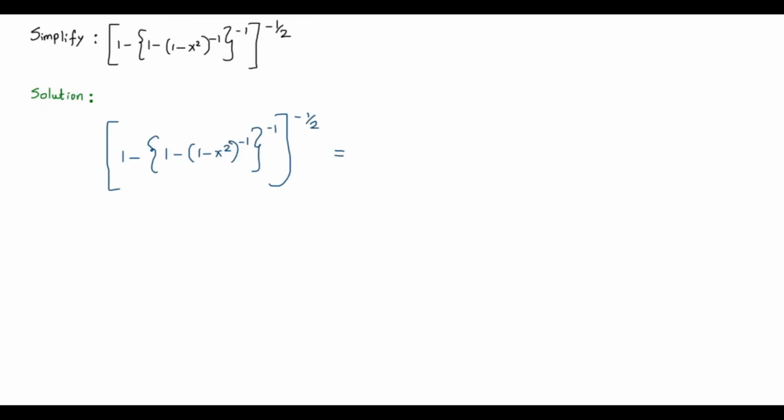Okay, now what I'm going to do is, for this particular term 1 minus x square, we have the exponent -1. Okay, if I change the negative exponent as positive, I have to get the reciprocal for this one. So this is one of the laws of exponent. Whenever I change the sign of the exponent for the base, I have to take the reciprocal.